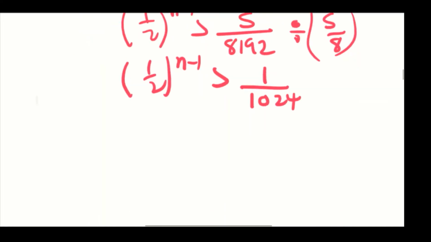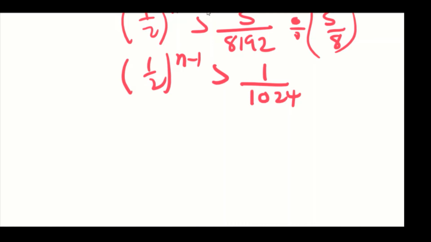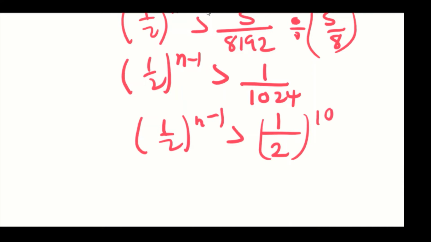Because we're looking for n, we can make the base the same: 1 over 2 to the power of n minus 1 greater than 1 over 2 to the power of 10. The bases are the same, so you drop them, and n minus 1 is greater than 10.